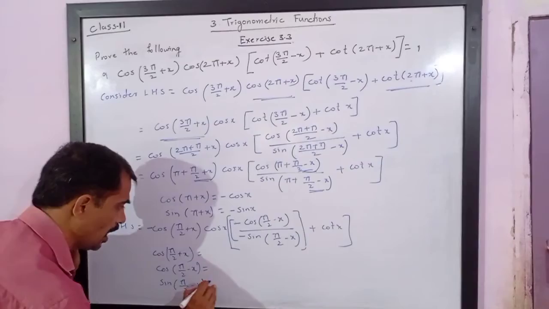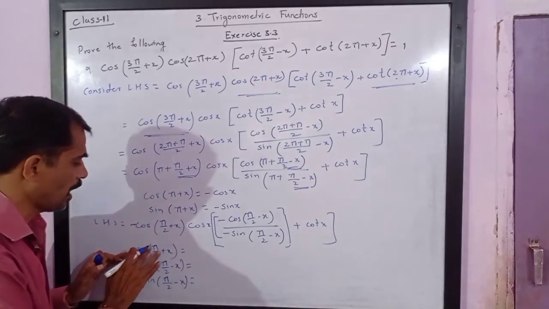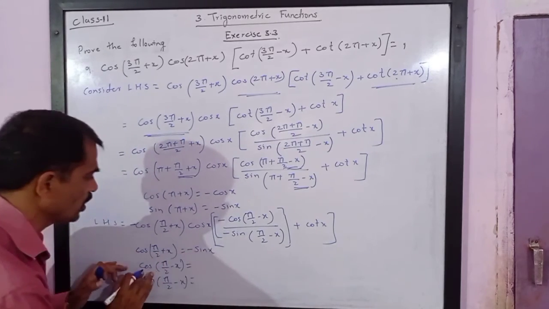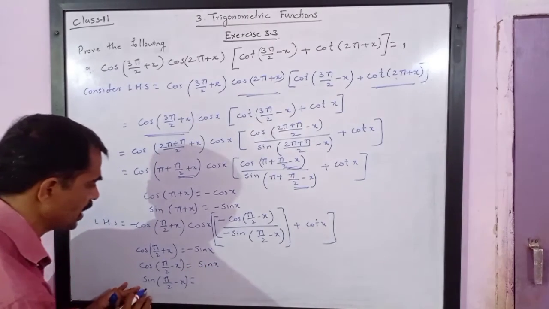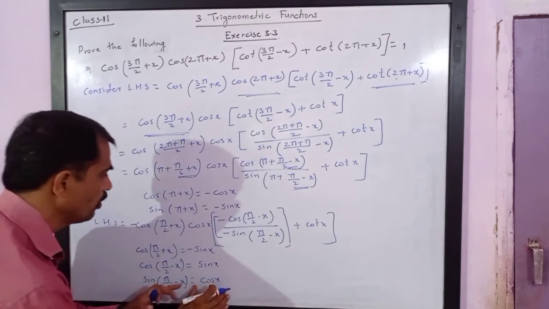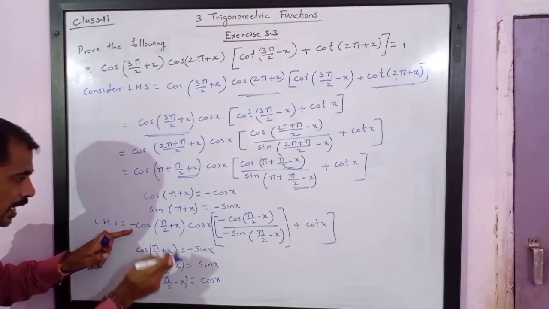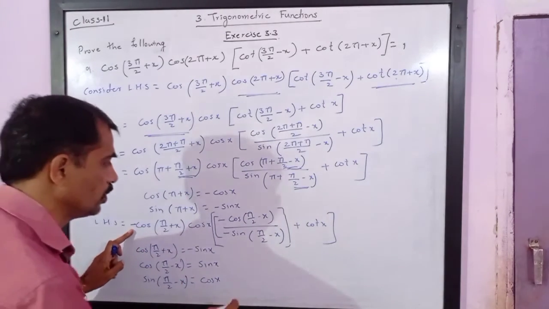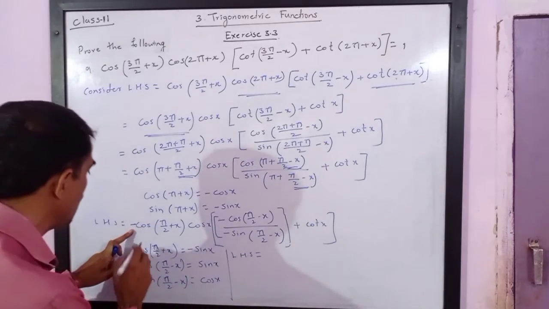And these identities are: cos of pi by 2 plus x is minus sin x, cos of pi by 2 minus x is sin x, and sin of pi by 2 minus x is cos x. So if you put this in, cos of pi by 2 plus x is minus sin x, minus into minus will become plus.